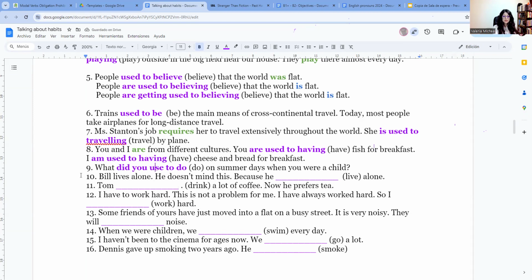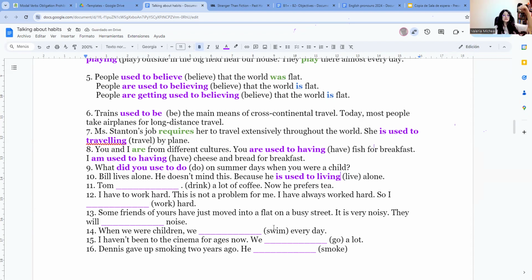All right, number 10, Bill lives alone. He doesn't mind this because he used to live. Is used to. Is used to live. Is used to living. Don't forget the ing form, guys.